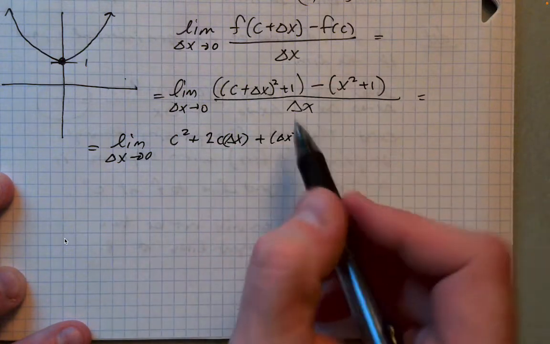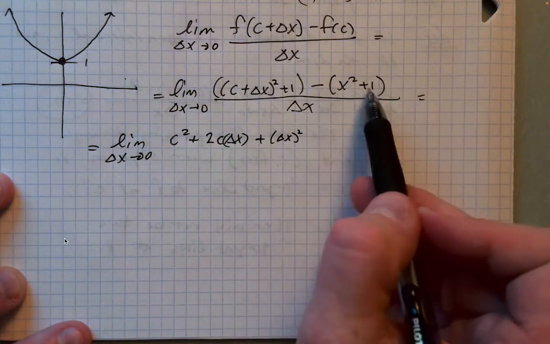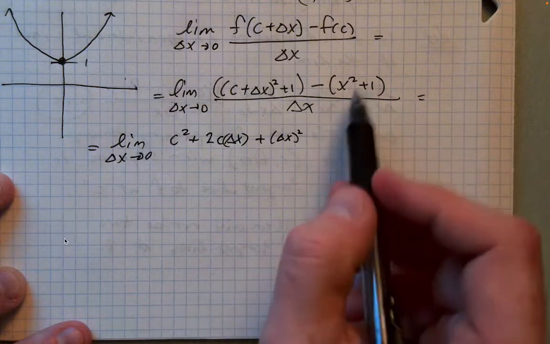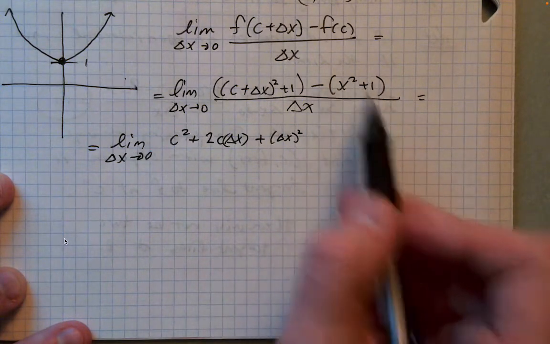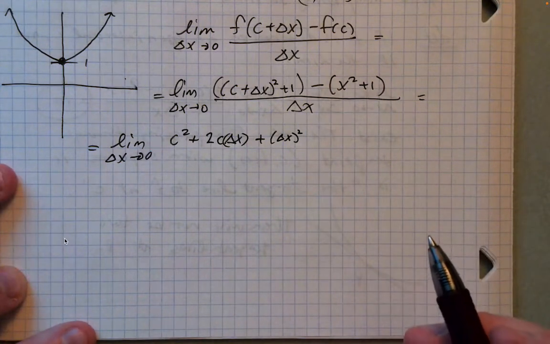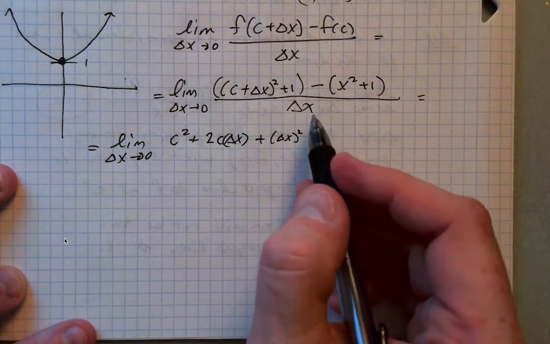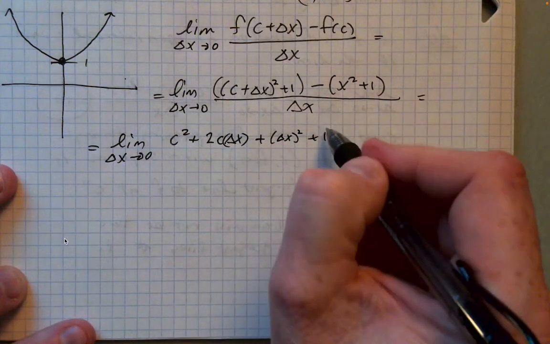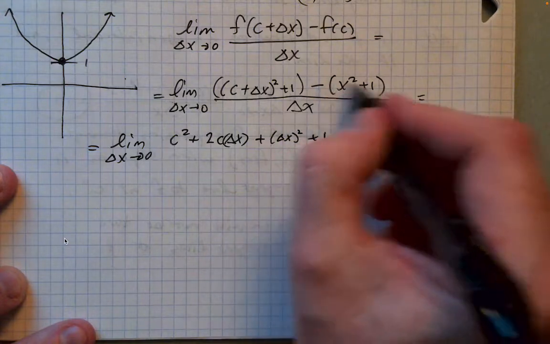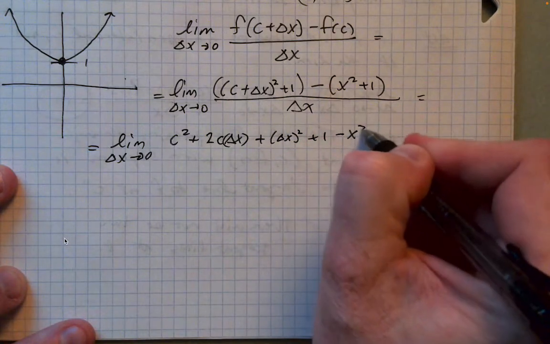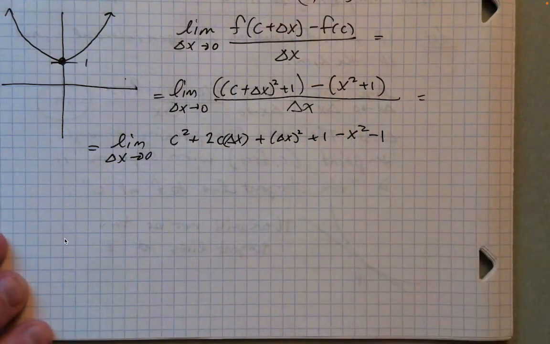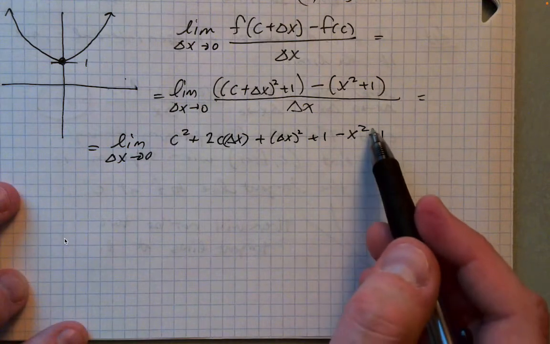Okay. And then just moving things around here, oh sorry, I have the plus 1 here as well. And then over here I'm going to have minus x squared minus 1.